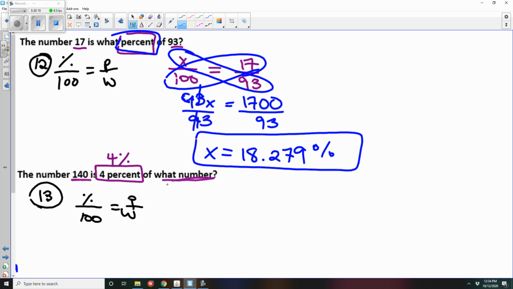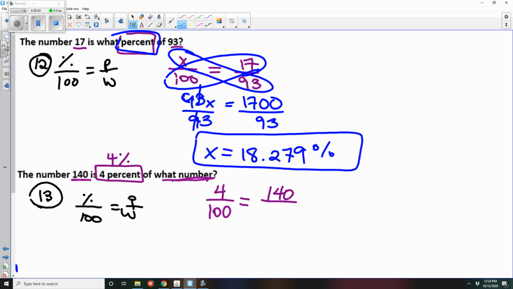So real quick, what's going to be over my 100? 4, because we have 4% over 100. Now I'm going to reread it, because you have to think about this part. The number 140 is 4% of what number? So is 140 your part or your whole? Part. You got it.